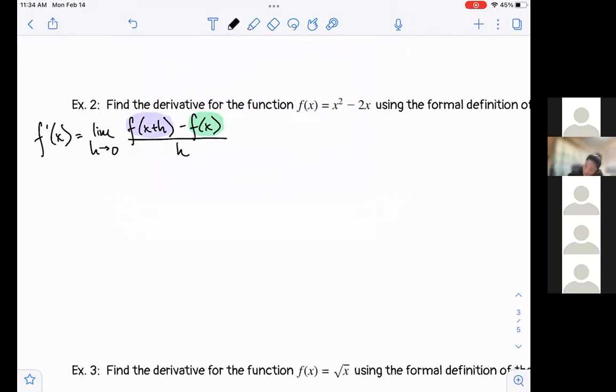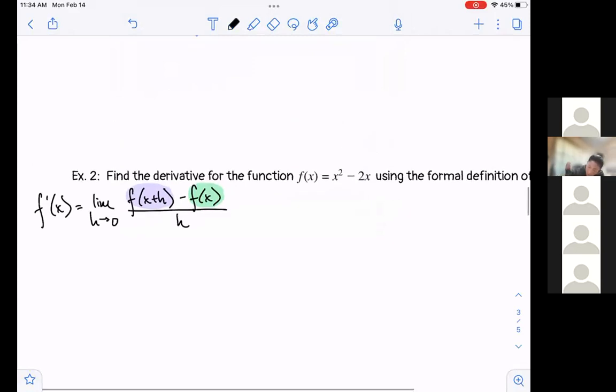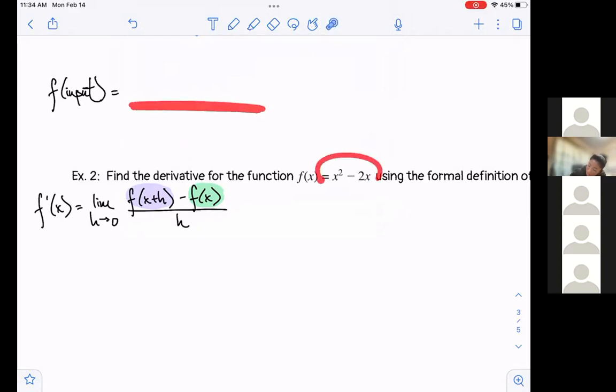Okay. Now, I do want to go back and maybe use the space above to say f of the input. Could someone describe to me what I would write over here for this function? Because now this function is a little bit different. You would write negative x squared plus 2x.